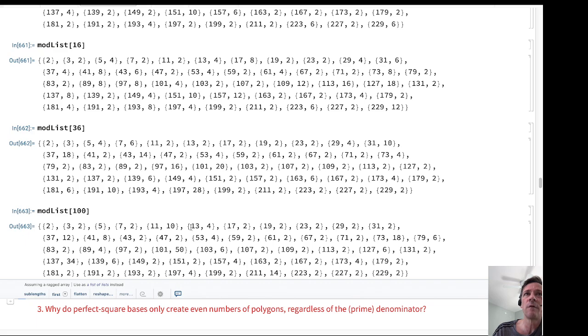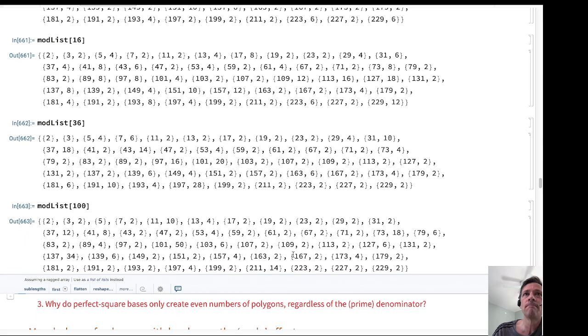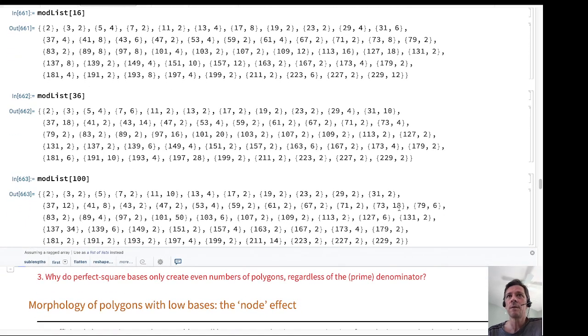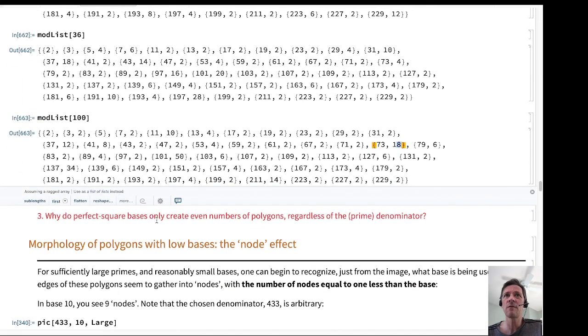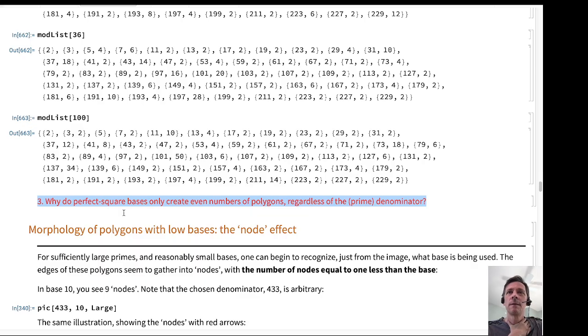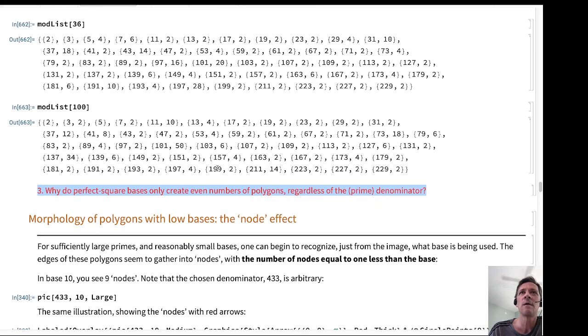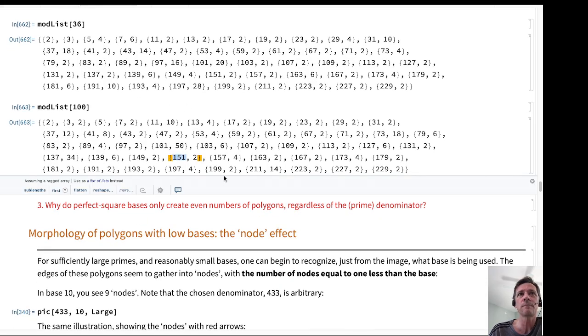These are all the perfect squares. And again, the number of polygons is even in each case. All right, so this is my second modular arithmetic question. Why do perfect square bases only create an even number of polygons, regardless of what prime denominator is being used?